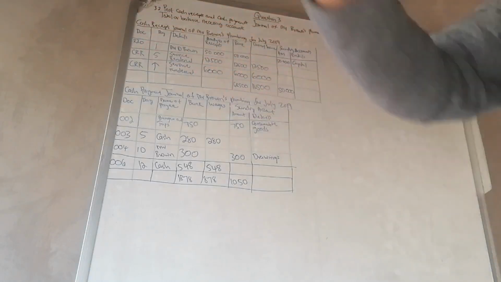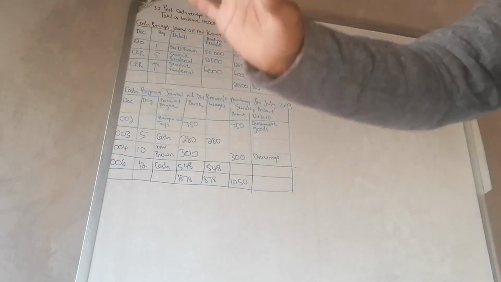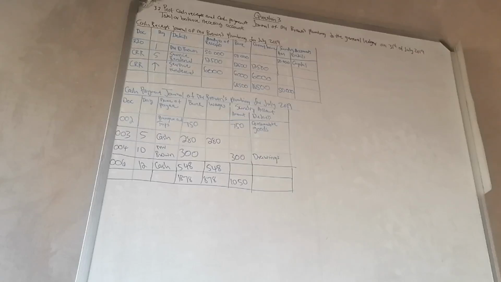All the transactions that we made when money left the business via check. Cash receipt journal: all the money that entered into the business. The account of the business was debited on a cash receipt journal. On a cash payment journal, the account of the business was credited. Money was taken out via check because all these drawings were made against the business.